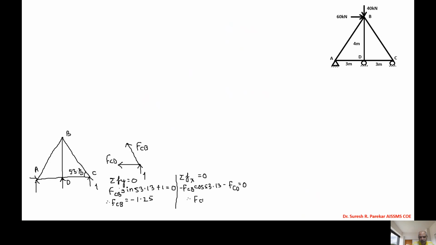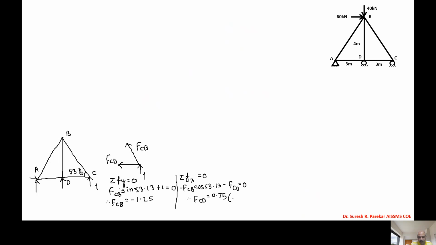And we will get FCD, that is 1.25 cos 53.13, which gives 0.75.